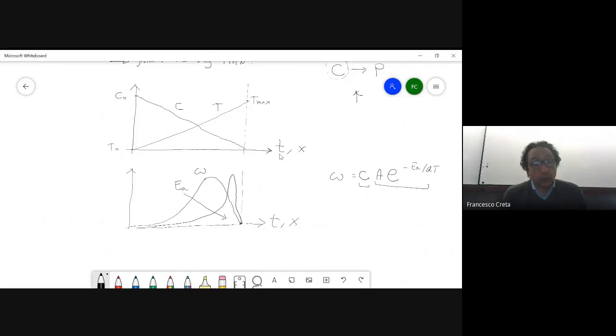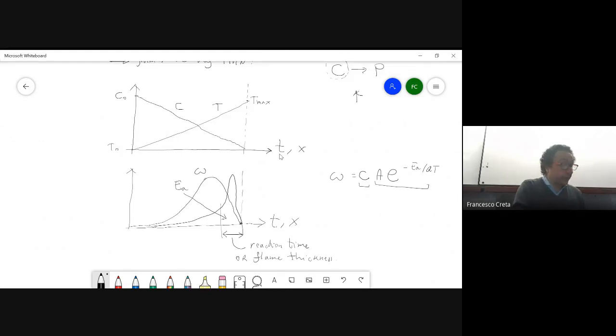And so you see that this zone, for realistic, very high values of the activation energy, which can be the reaction time or the flame thickness, is extremely short.